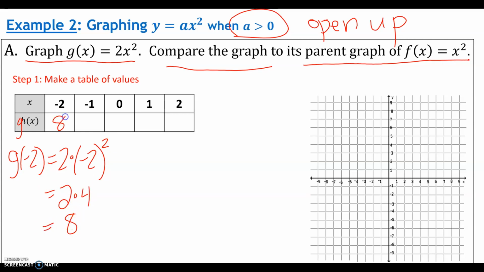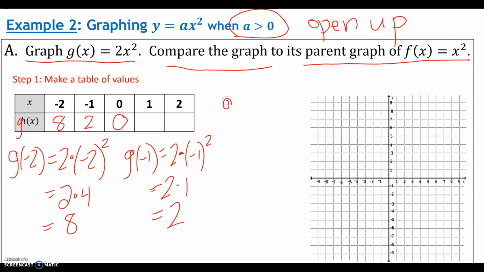Looks like you would get an 8. Then we'll do g of -1, which would be 2 times -1 squared, which PEMDAS says be 2 times 1, which is 2. Now 0 is extremely easy. It's this 0.